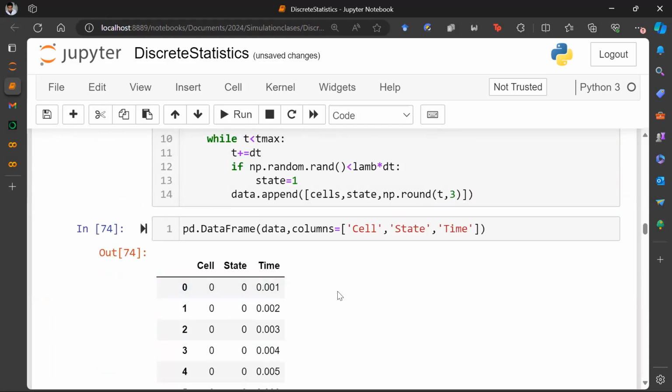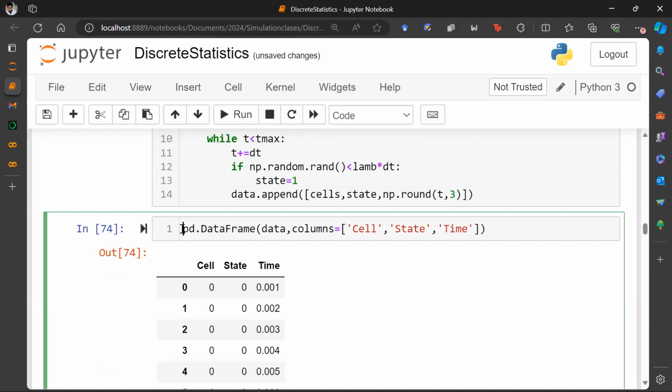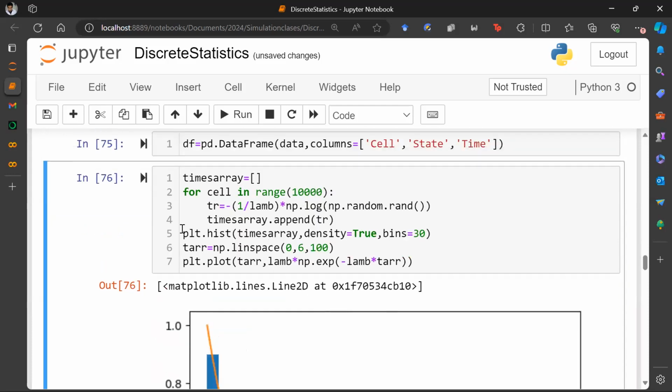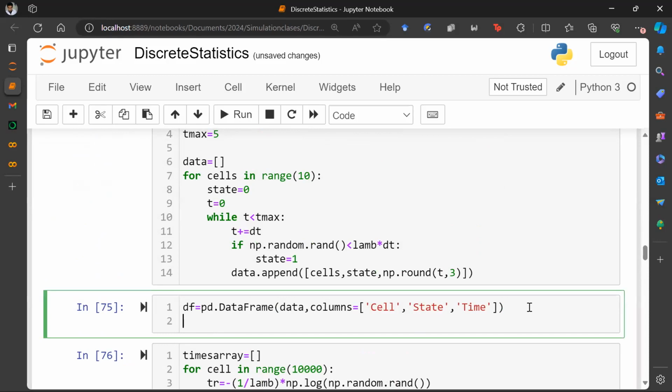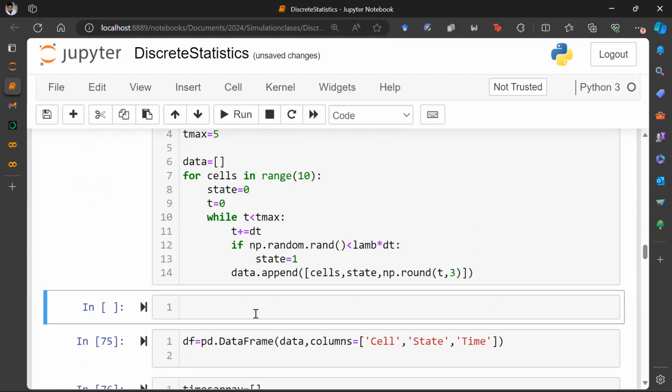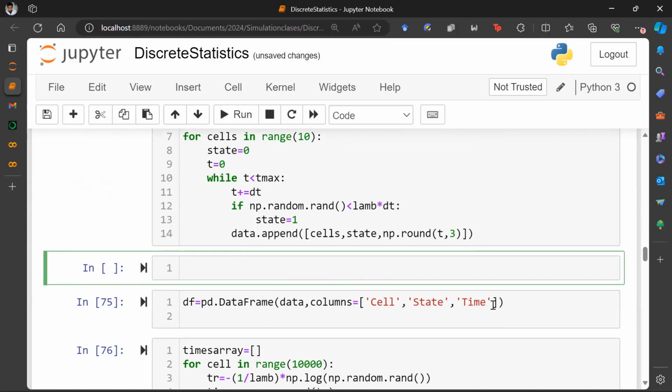This way of dealing with data is going to be useful for plotting or for sorting and separating data. We're going to call it df. This data frame structure is going to help you on sorting data and separating data and so on.